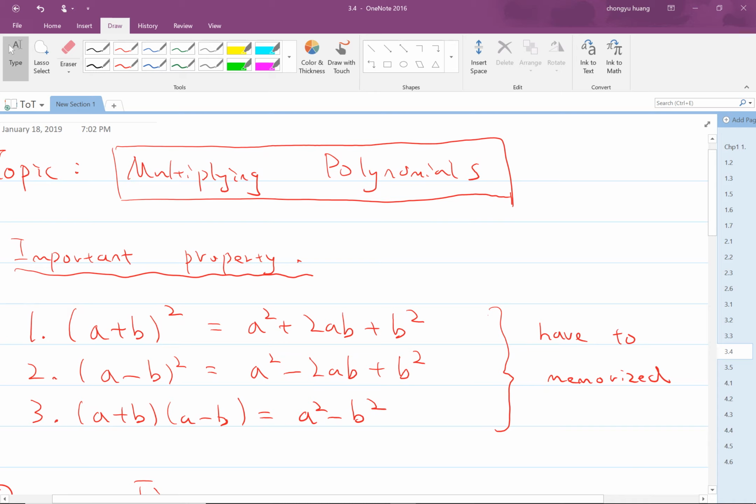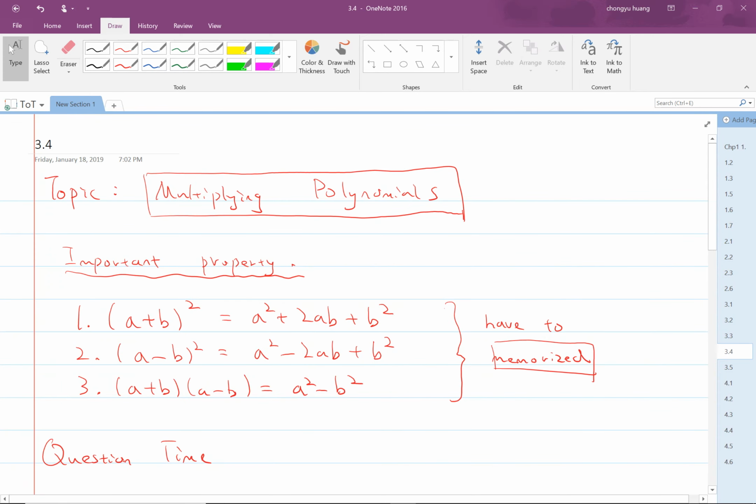Those three properties will be really useful, and that's why I say you have to memorize them. They will be really important further on, in later topics which we're going to cover. Those properties will be used quite often to solve different kinds of problems, so remember those three properties, memorize them, and also know how to use them.